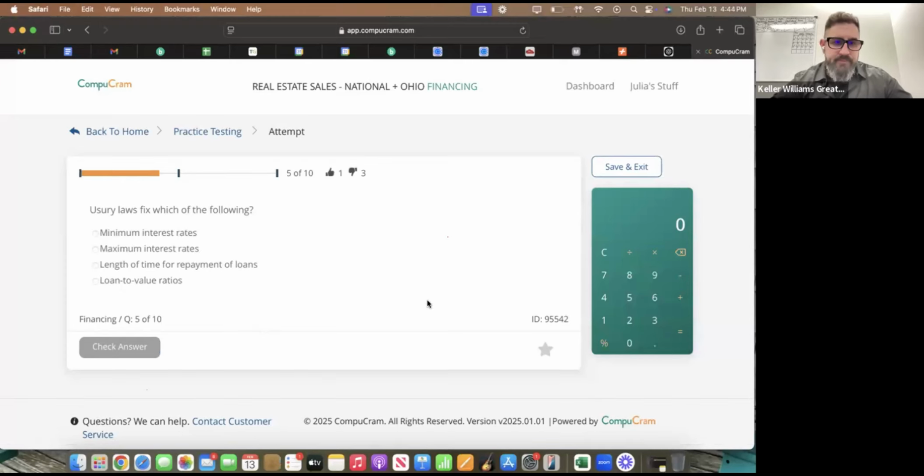Next question. Usury laws fix which of the following? A, minimum interest rates, B, maximum interest rates, C, length of time for payment of loans, or D, loan to value ratios. What do you think?